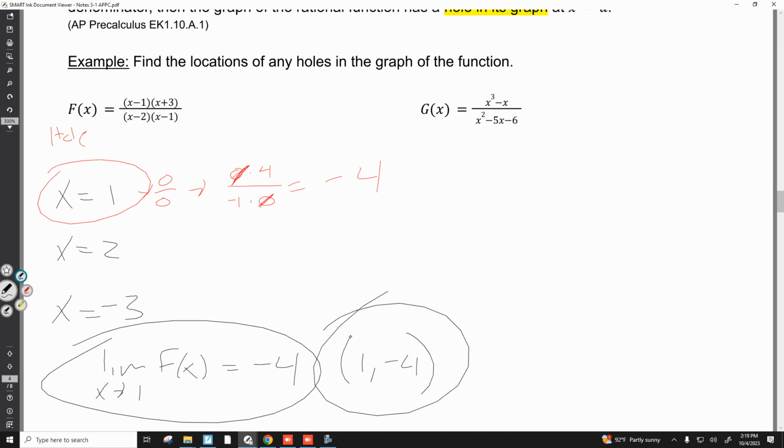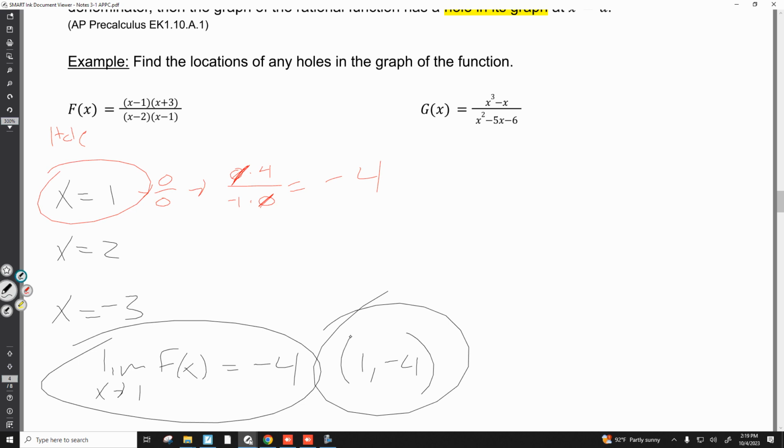So, hole at 1. What's x equals 2? Tell your neighbors. Is it a 0? Is it a vertical asymptote? Is it a hole? Tell your neighbors. Why is it a vertical asymptote? Because you get a number over 0, and you know the idea about something divided by something small or something big. X equals -3. What's that? 0.